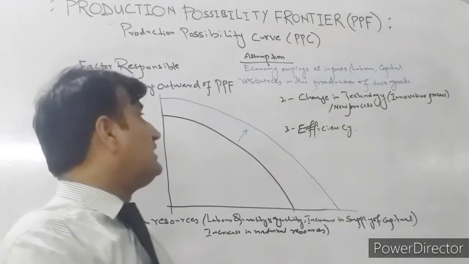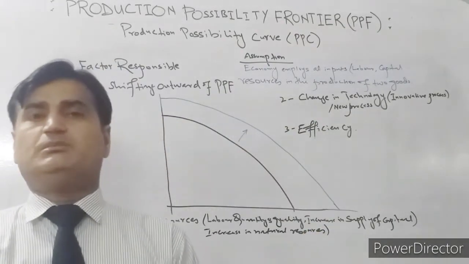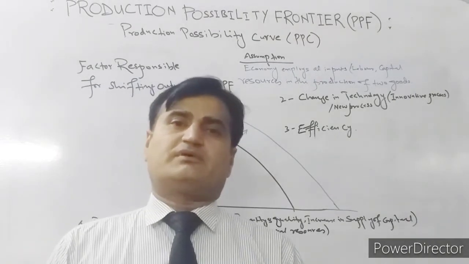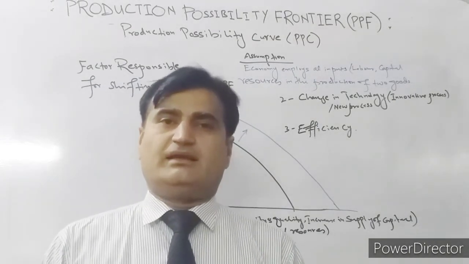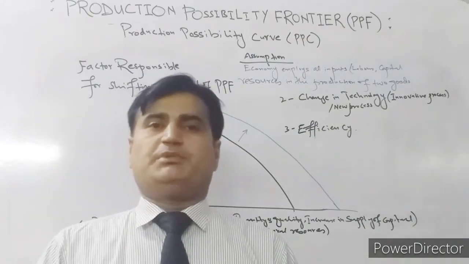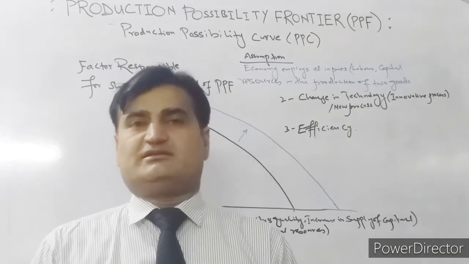So we can conclude that the Production Possibility Frontier shows various combinations of consumer and capital goods that an economy can produce at a given level of input. PPF has two main characteristics.